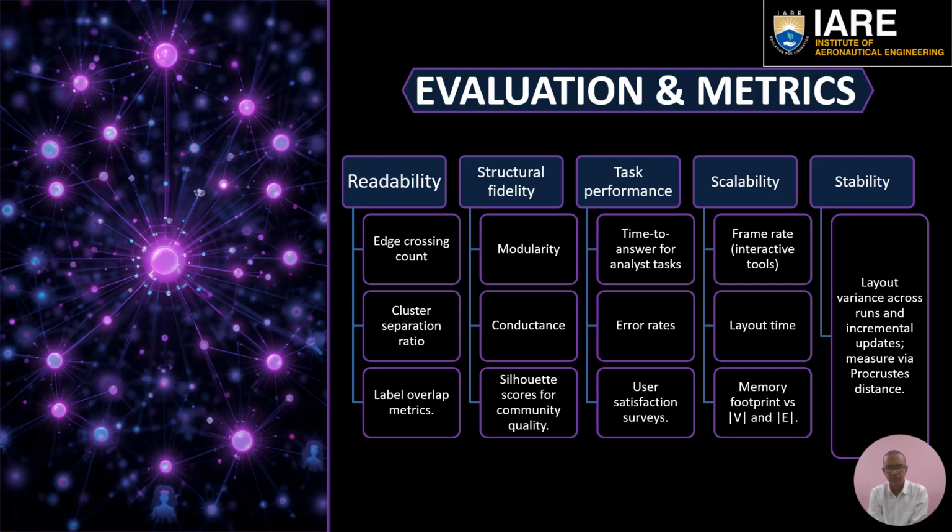And scalability is also further classified into three aspects: frame rate for interactive tools, layout time, and memory footprint versus modulus of V and modulus of E. And stability is an aspect where layout variance across runs and incremental updates occur. We have to measure via procrustes distance. Hence, this is the aspect of evaluation.